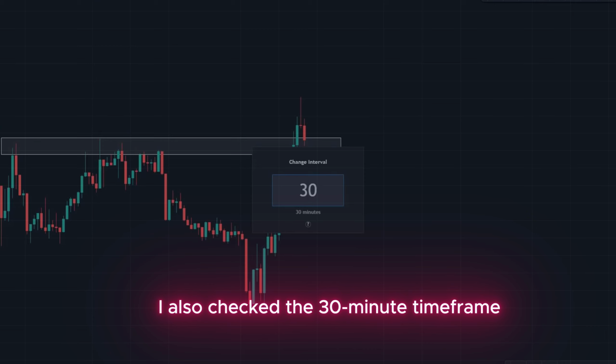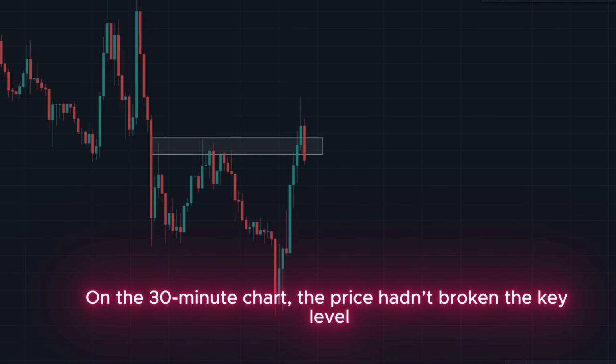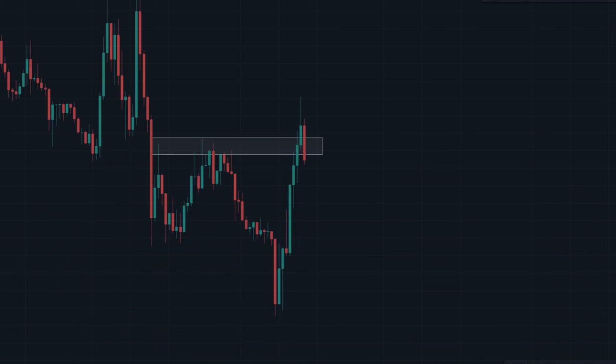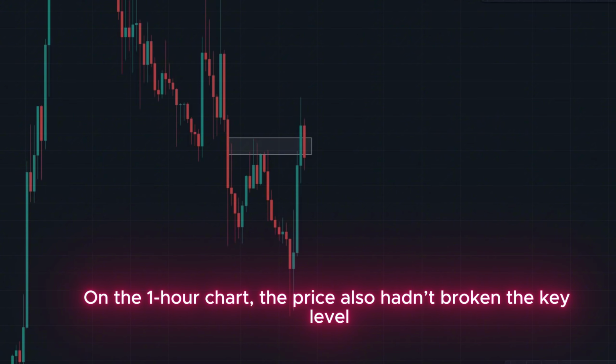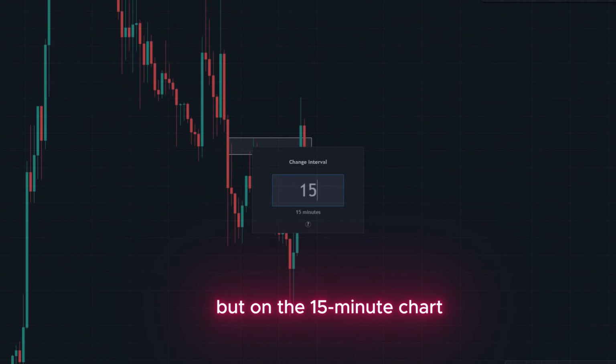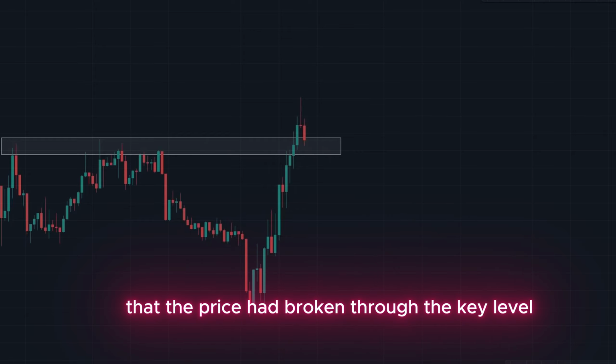I also checked the 30-minute time frame. On the 30-minute chart, the price hadn't broken the key level. On the 1 hour chart, the price also hadn't broken the key level, but on the 15-minute chart, it showed that the price had broken through the key level.